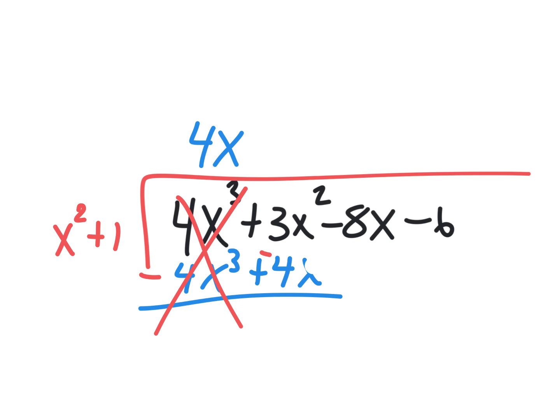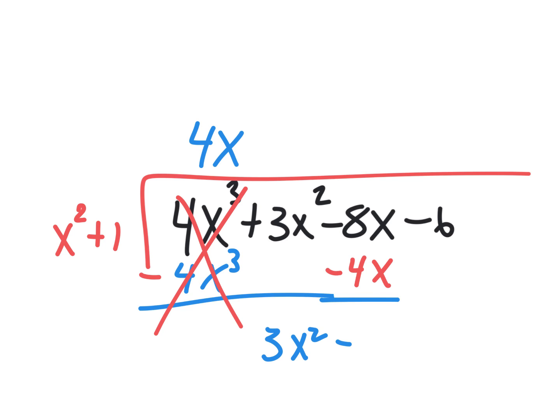So you move it over. Remember, it would have been plus 4x, but then you make everything opposite, so it's minus 4x. Now I bring this down and I have 3x squared, and when I bring those two down, I have negative 12x.